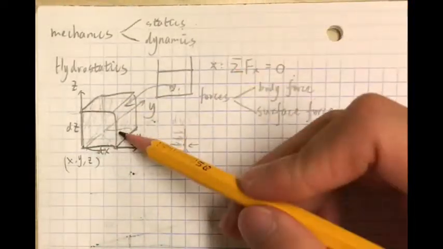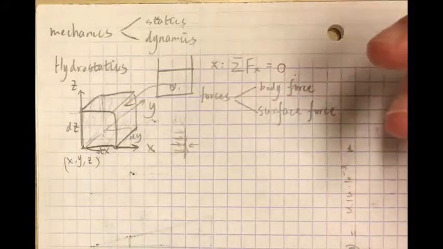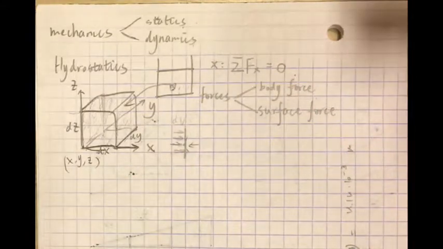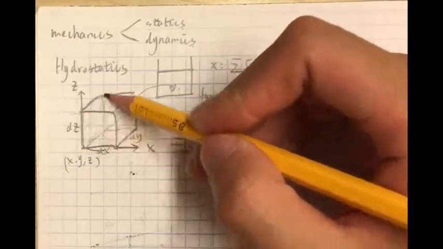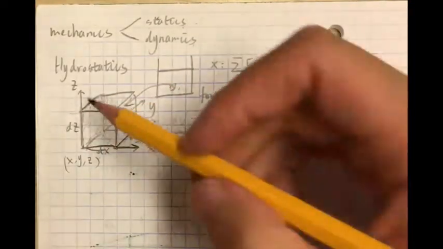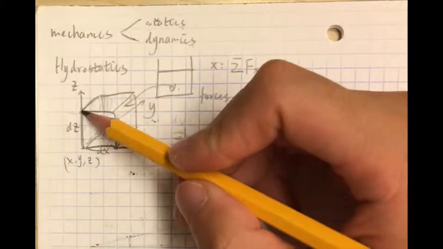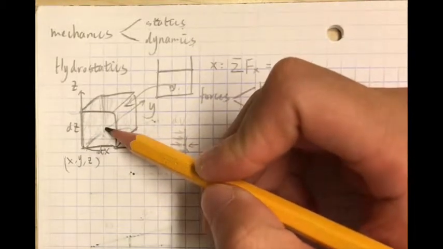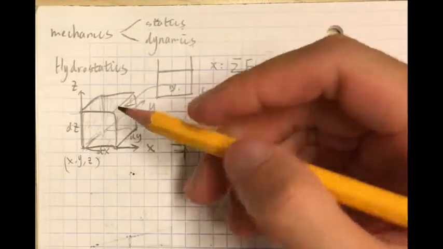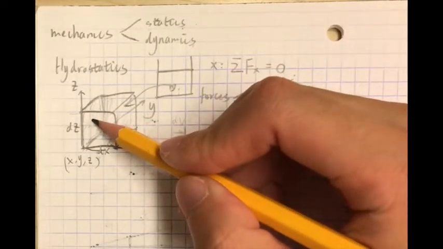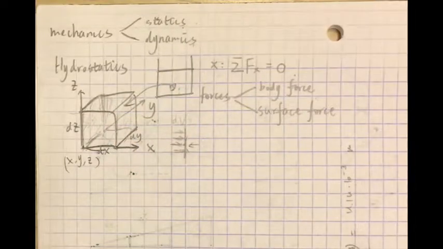As I have said, this volume is only a differential volume, so it's very small. On a certain side, the left side, the property here and the property in the middle of this side will all be very similar, right?